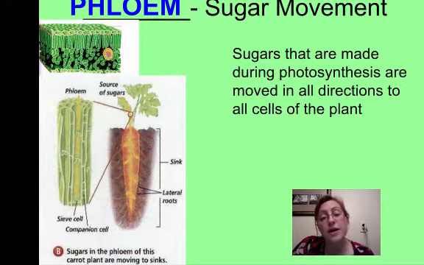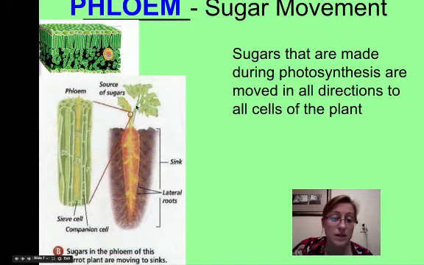But we also have another molecule that we need to move around the plant, and that is sugar. The phloem is the vessel that is going to allow us to move our sugar. So once we produce those glucose molecules from photosynthesis, they're going to be produced up here, right? They're going to be in the green leafy structures.